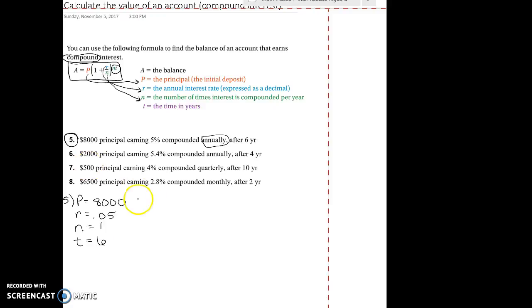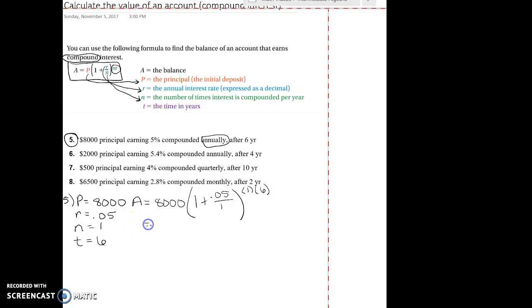So in order to find the value of the account, all we need to do is plug those things in. So we're going to have 8,000 times 1 plus R over N. So I'm going to take my rate over N. So it's going to be 0.05 over 1. And then I need to raise that to the NT. So it's going to be raised to the 1 times 6.